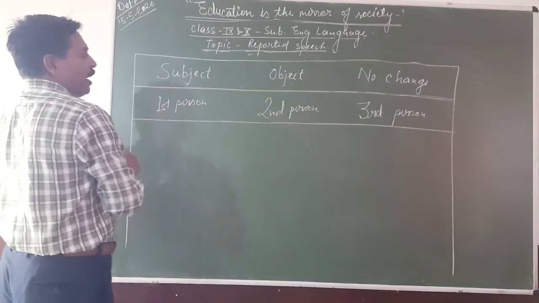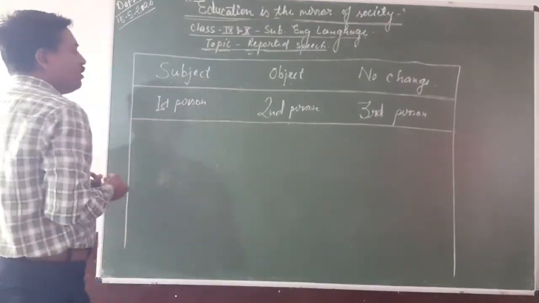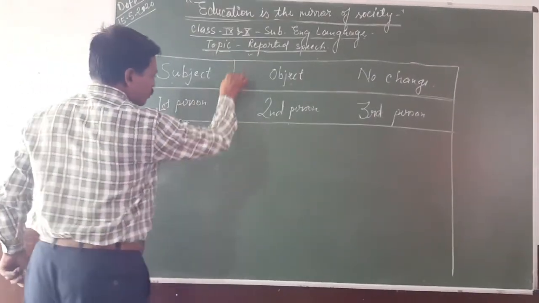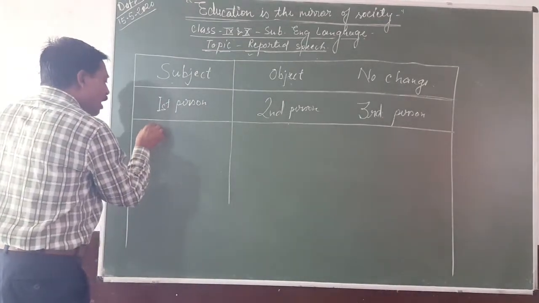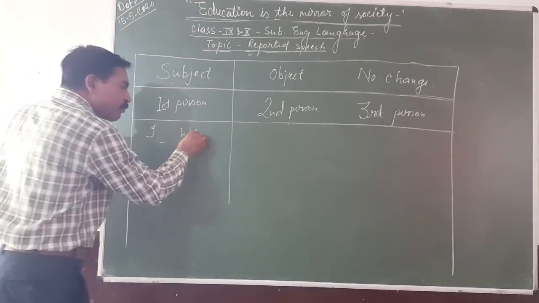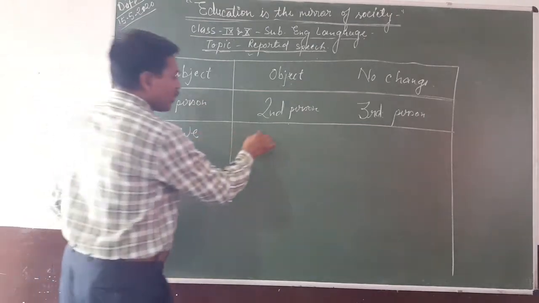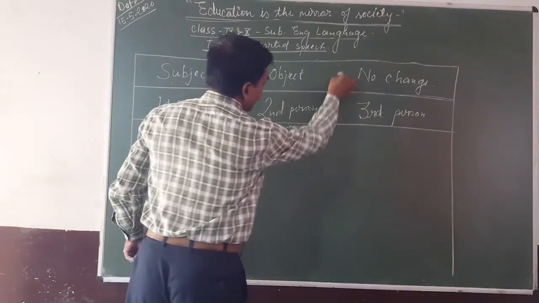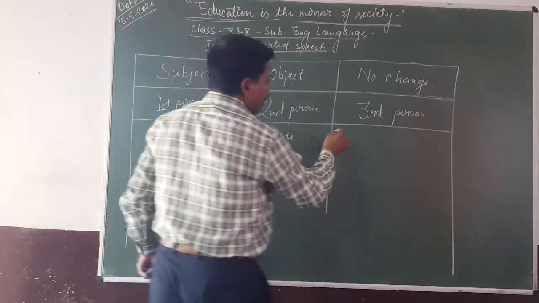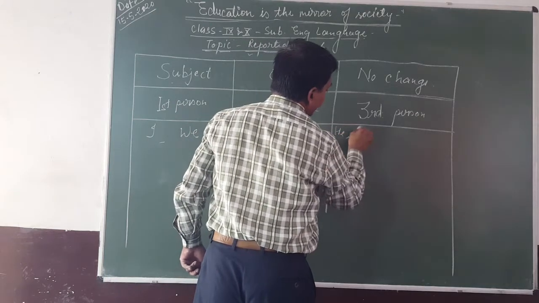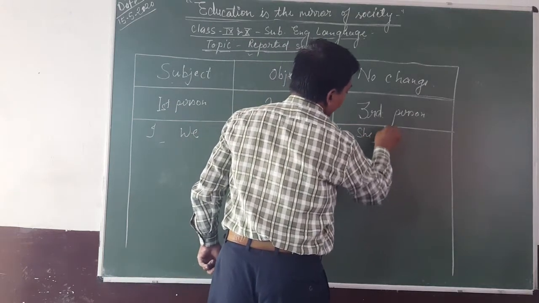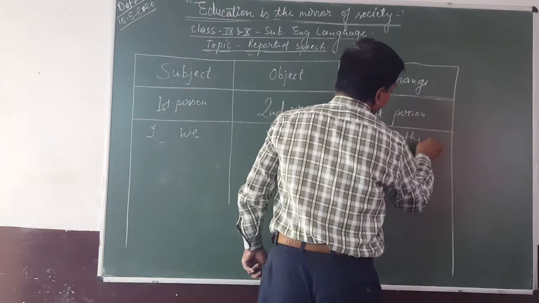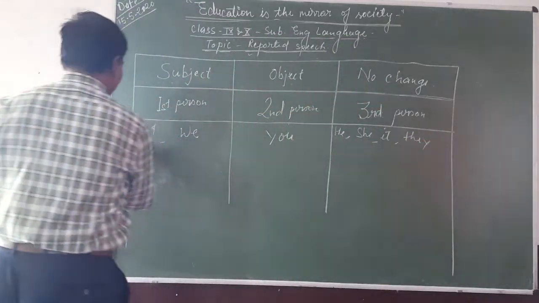Now you divide all the pronouns according to this table. I and we are first person pronouns, you is a second person pronoun, and the rest, he, she, it, they, are third person pronouns.